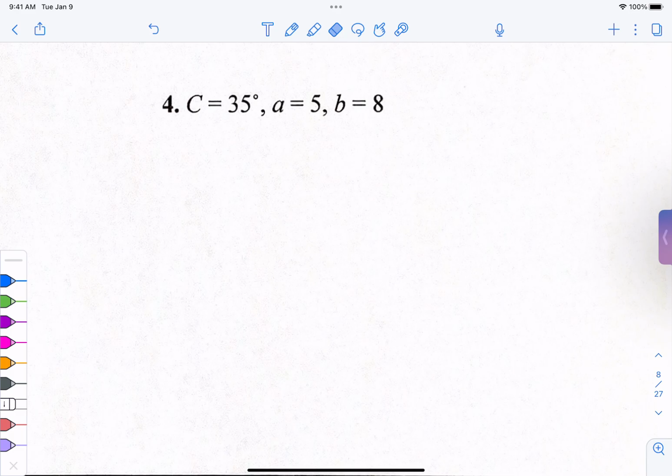If you solve for angle A first, you will get one of the triangles. If you solve for angle B first, you'll get the other triangle. They both are solutions, and I will accept both answers. You don't have to find both of them. Does that make sense? So that is one of the weird ones where there are two different solutions and they both are okay.